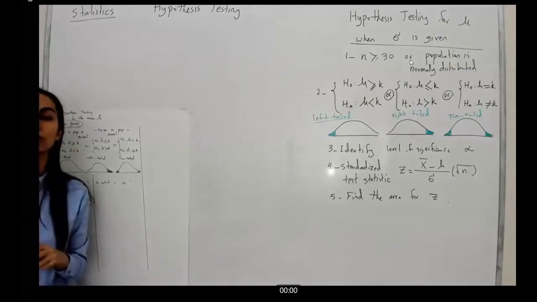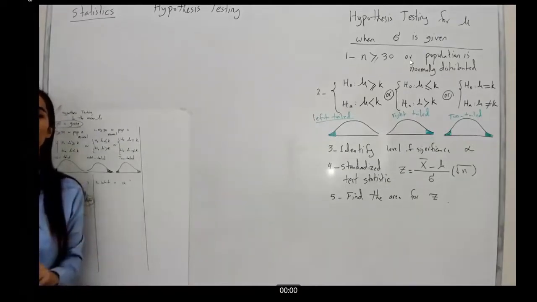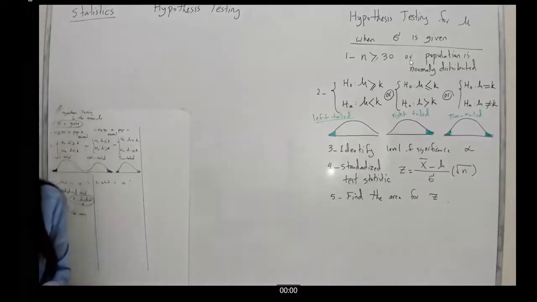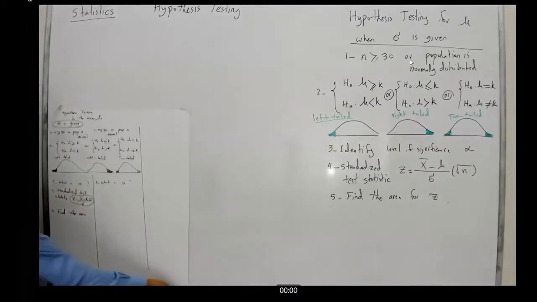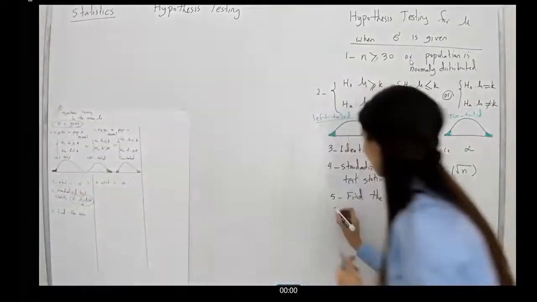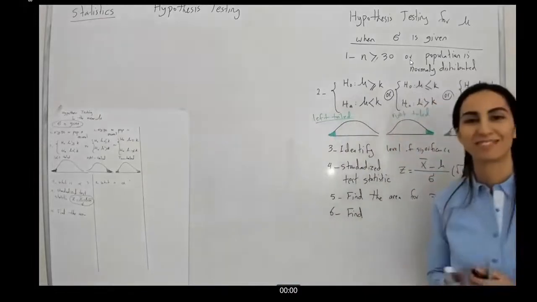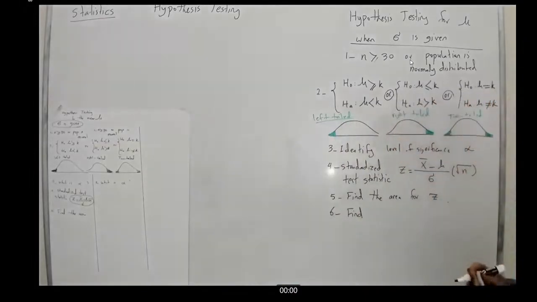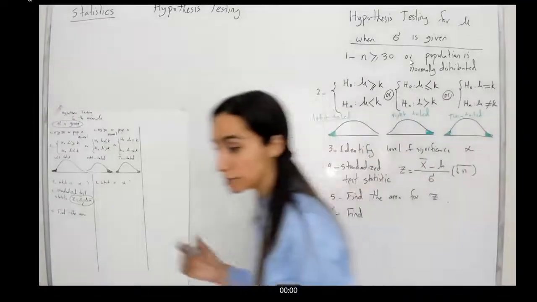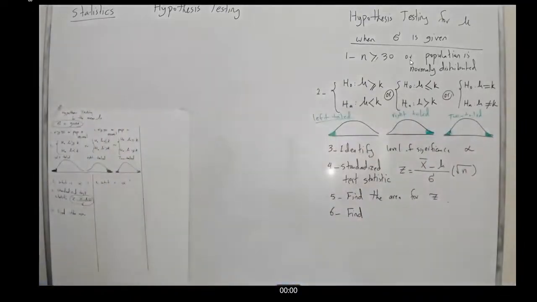You're either using your Z table or using your calculator. It doesn't matter. And then next step. Find what? Next step, guys. What is our next step? Find p-value.